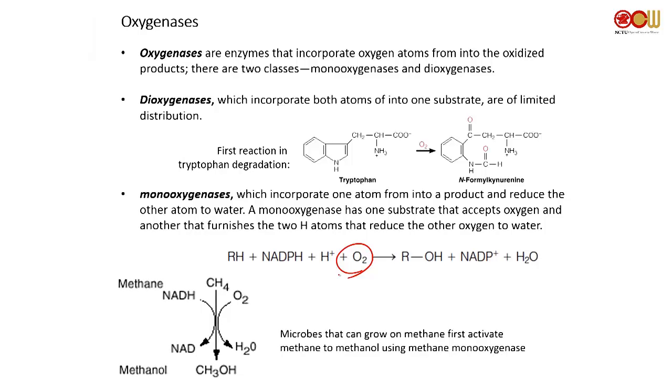Those are called monooxygenases, which only incorporate one of the oxygens into your molecule, and the other one goes to water. For example, there are bacteria that can grow on natural gas, in places where there's a lot of methane. Essentially what they can do is turn methane into methanol. Not a simple reaction. Why?